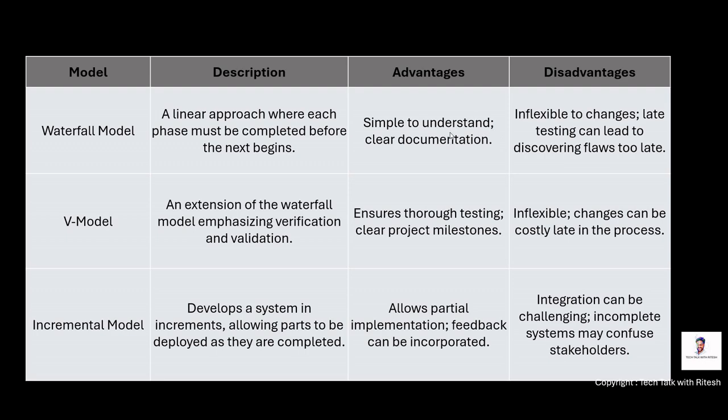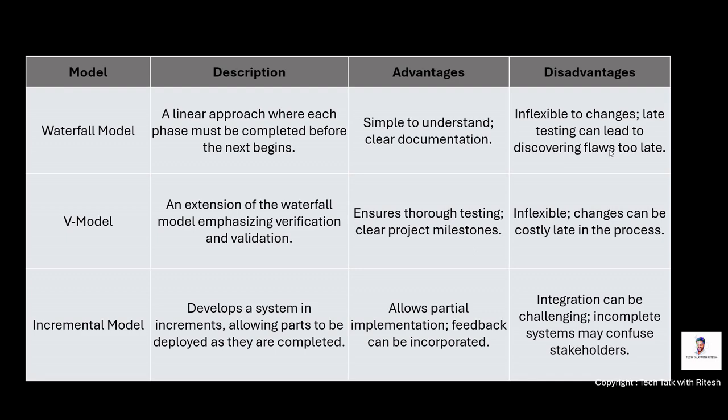Okay, advantages of the waterfall model: it's simple to understand, clear documentation. The V model ensures thorough testing, clear project timelines, milestones, right? Thorough testing is more stress on testing for sure. And the incremental model allows partial implementation. Feedback can be incorporated because it is delivering in increments.